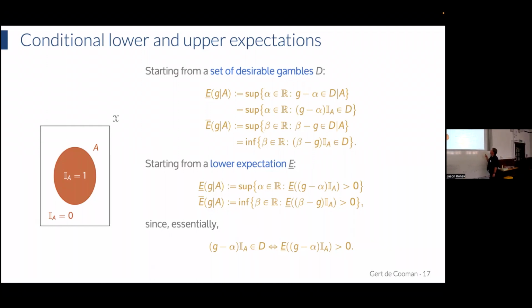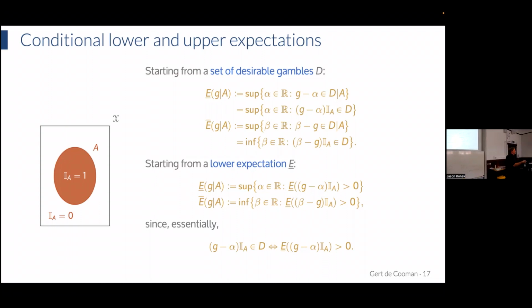And so this becomes equivalent to this. So G minus alpha is in the conditional one if and only if the called-off gamble is in D. And in this way, once I have a D using this formula with the called-off gamble, I get to the conditional lower expectation and the conditional upper expectation. So there's no problem with sets of probability 0 here.